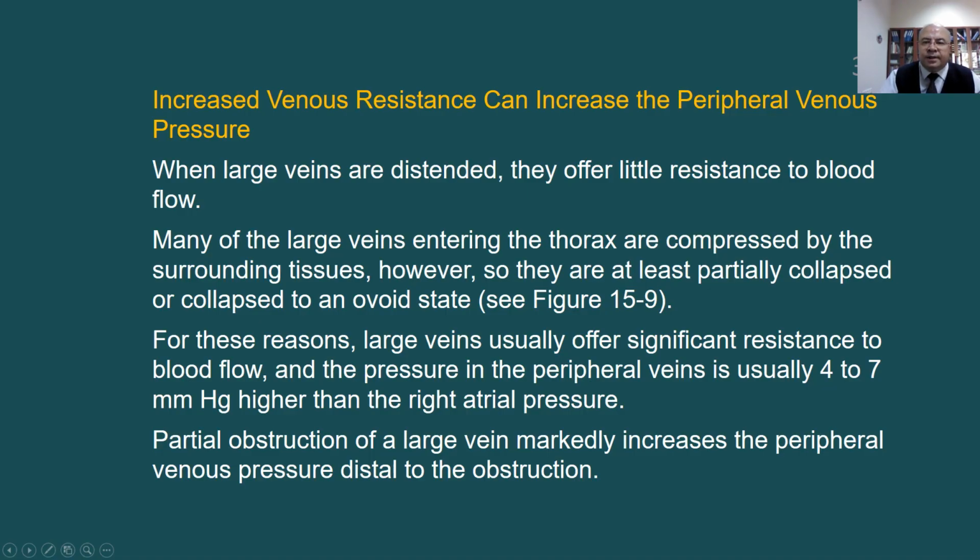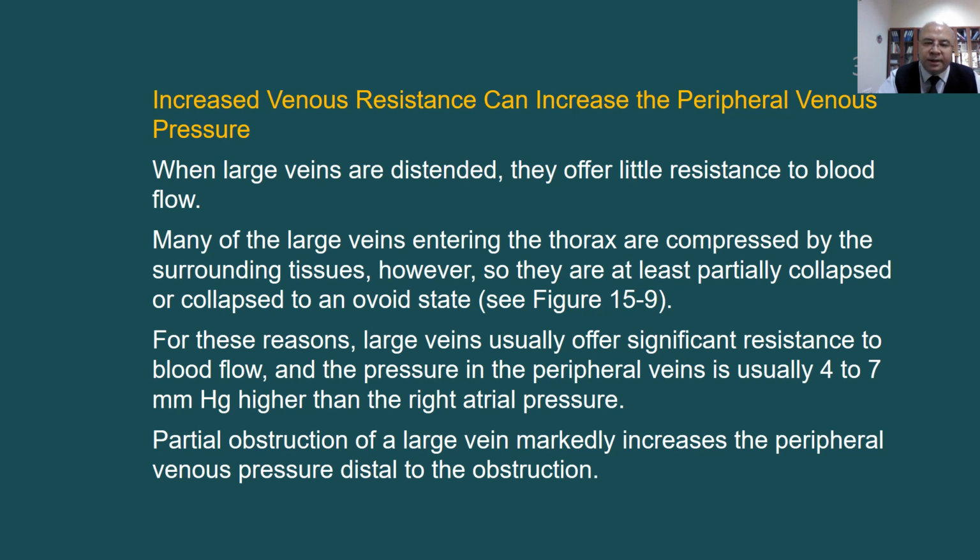Increased venous resistance can increase the peripheral venous pressure. When large veins are distended, they offer little resistance to blood flow. Many of the large veins entering the thorax are compressed by the surrounding tissues, so they are at least partially collapsed, or collapsed to an ovoid state.